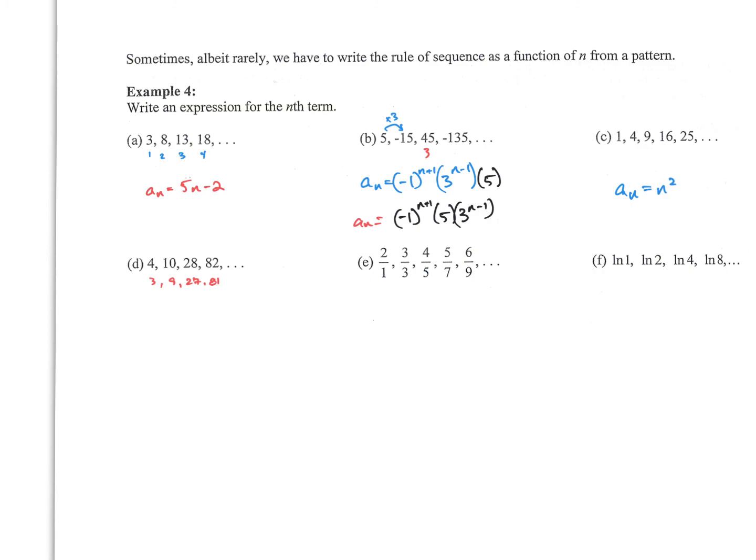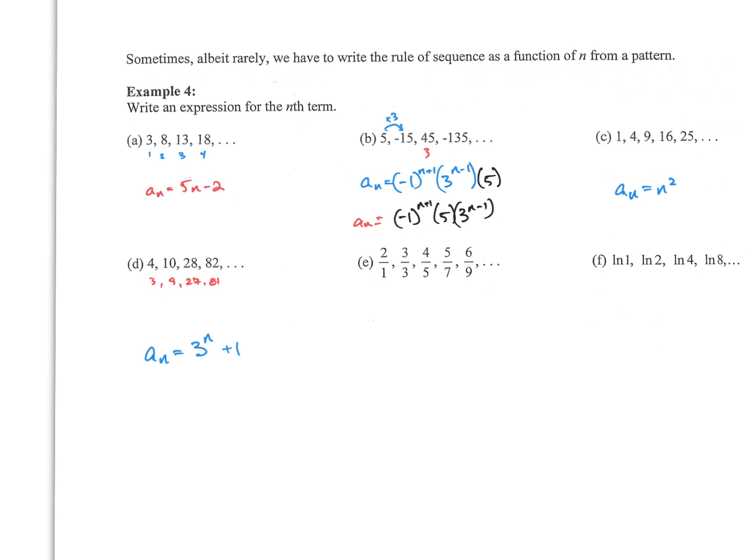So at the end, we're going to just add 1 to it. All right, so how do we get from 3, 9, 27, 81? What's happening? We're multiplying, right? So that's really exponential. So my a sub n is equal to 3 to the n. And then plus 1 at the end.